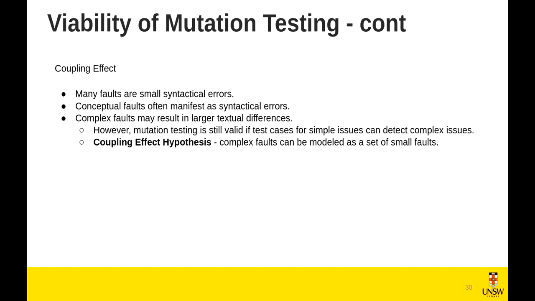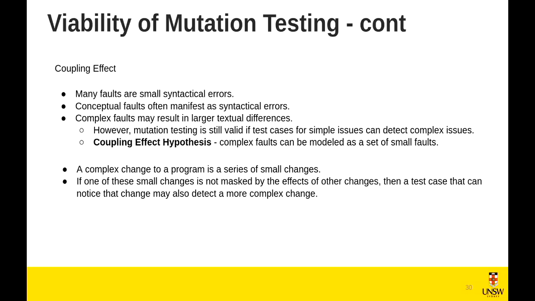The coupling effect hypothesis is that complex faults can be modeled by a set of small faults, and a complex change to the program is a series of small changes.